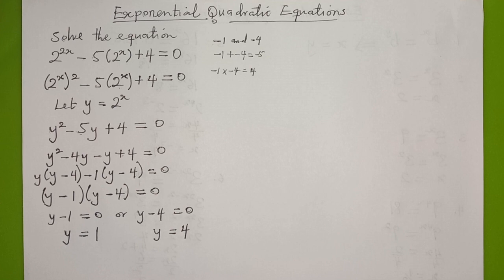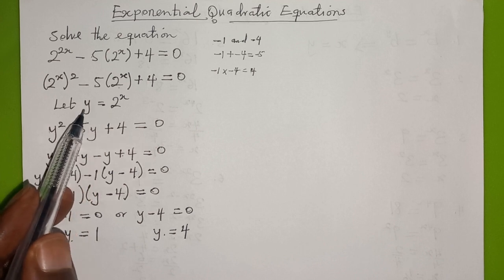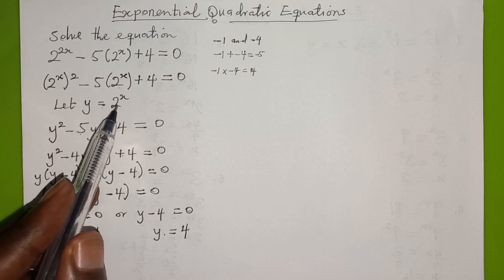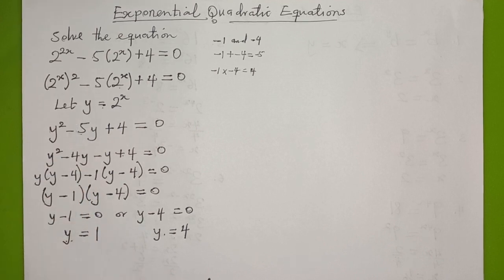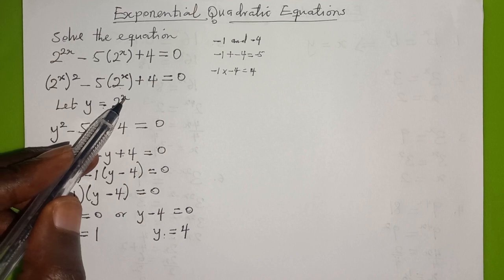But remember, we are not interested in the y values. What we are interested in is to find the value of x. So we need to replace our y's. So from the beginning, we said let y be equal to 2 raised to the power x. So we need to replace our y's by 2 raised to the power x.